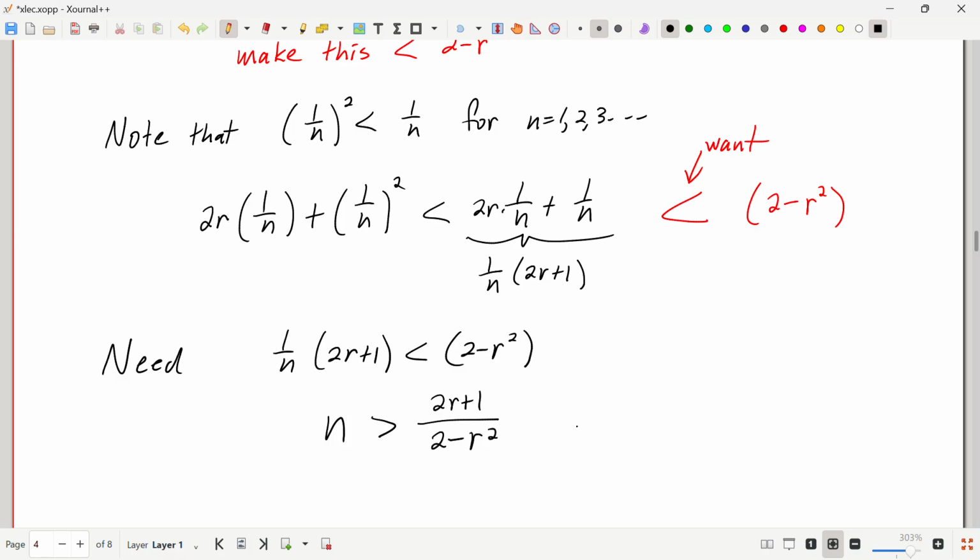I can get such a big n by the Archimedean property. And once I have a big n, I can go backwards.